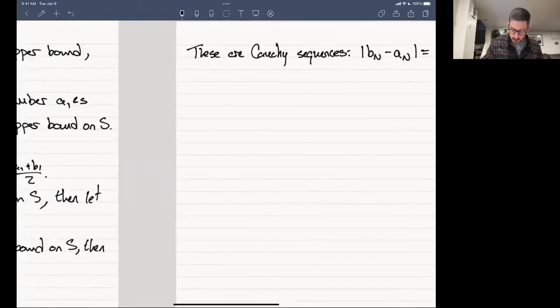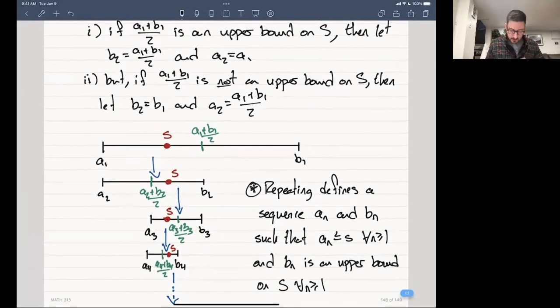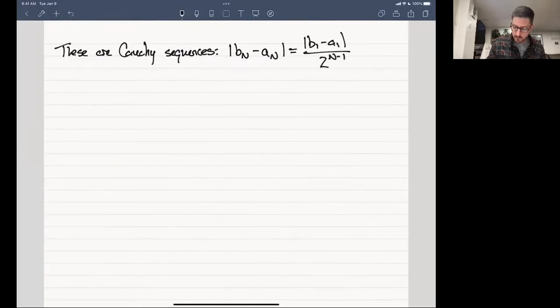Just take a look at my little picture here. The distance from B2 to A2 is half of the distance from B1 to A1. Similarly, the distance from B3 to A3 is a quarter of the distance from B1 to A1. And you can see that this goes to 0 as capital N goes to infinity, right? The top is fixed, it's not moving.